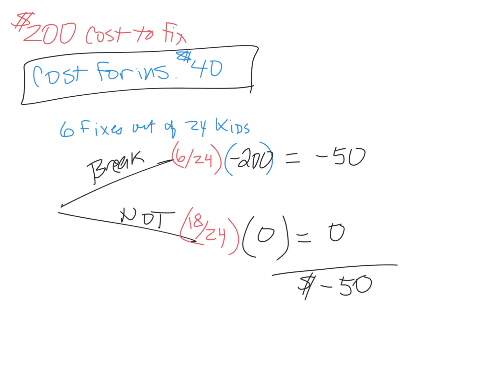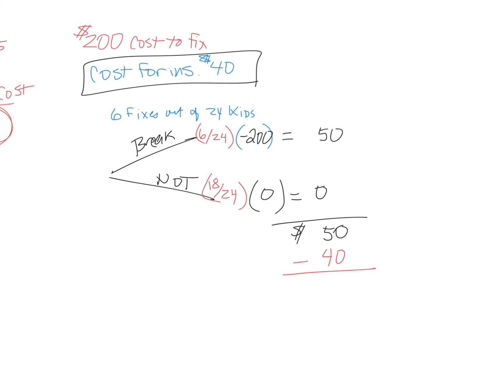If the cost for the insurance is $40, do you get... I actually probably should have done this the other way. The way I should have done it is to say, you'll gain $50, but you lose 40 for the cost of the insurance. Overall expected value, it's smart for you to buy the insurance.